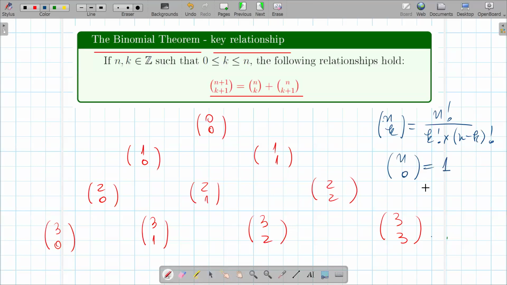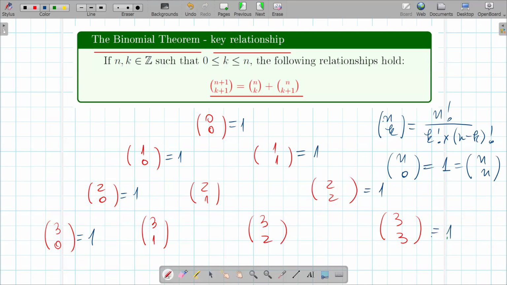So 0 choose 0 is 1, 1 choose 0 is 1, 2 choose 0 is 1, 3 choose 0 is 1. We also proved that n choose n is equal to 1, just because n choose 0 is equal to n choose n. So 1 choose 1 is equal to 1, 2 choose 2 is equal to 1, 3 choose 3 is equal to 1.